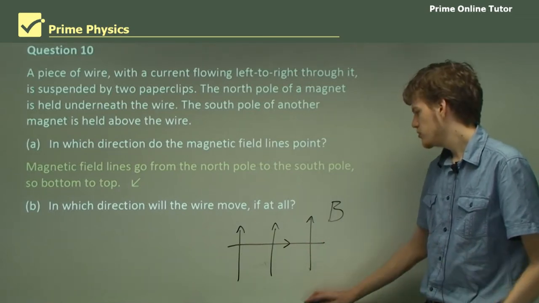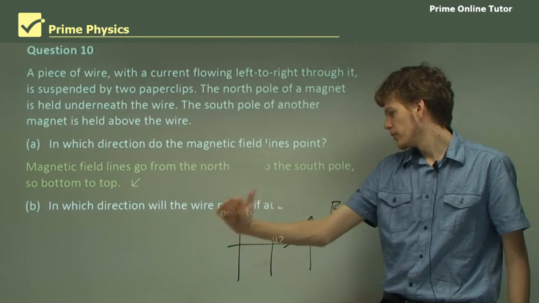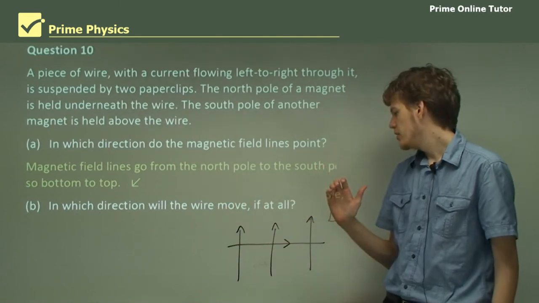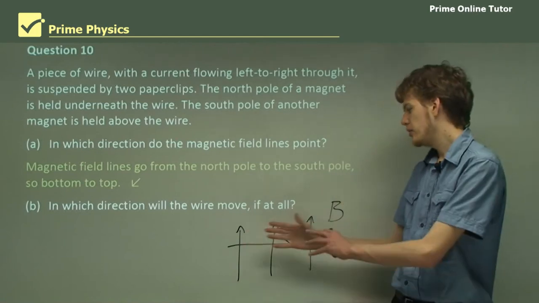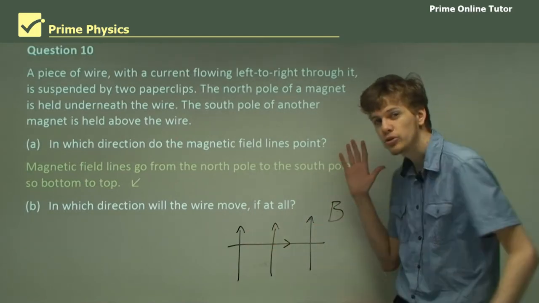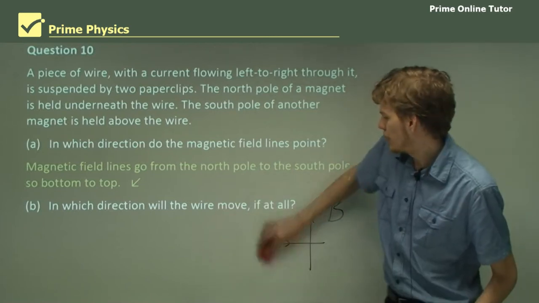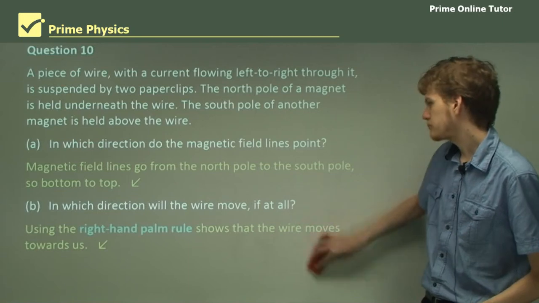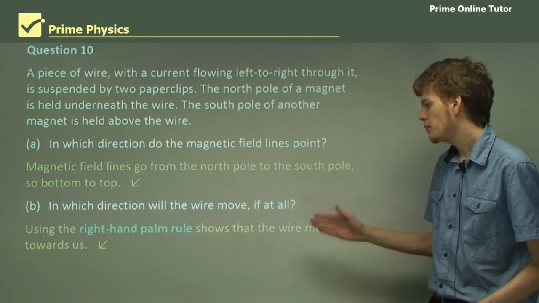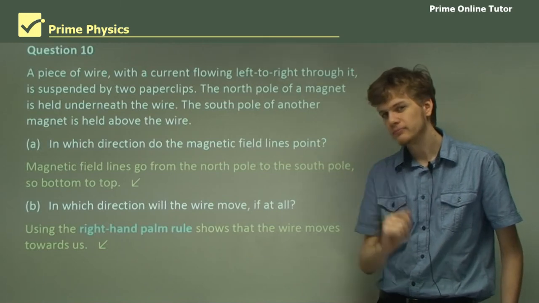So, let's use the right-hand palm rule. The current goes from left to right. The magnetic field goes bottom to top. So, the current carrying conductor will be pushed towards you. And so, that's the answer that we write down. Right? The right-hand palm rule shows us that the force will be towards you.